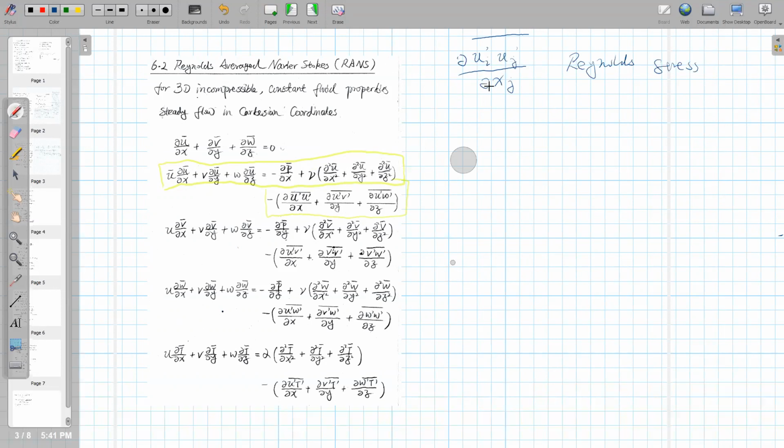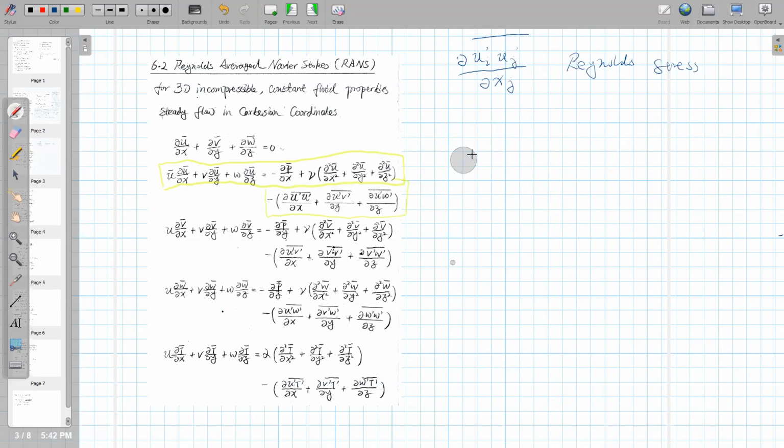Like the viscous stress, because you have a negative sign here, this Reynolds stress also helps to convert the kinetic energy to thermal energy, as we talked about before. Viscosity converts kinetic energy to thermal energy, and this is also a negative term, meaning a destruction term. It also tries to reduce the kinetic energy and convert it to thermal energy.